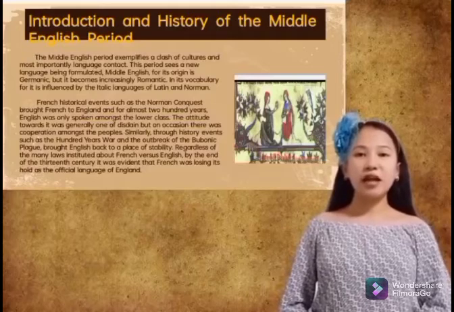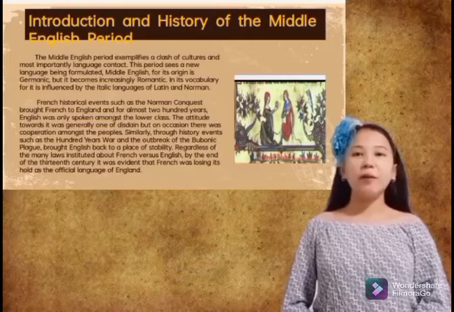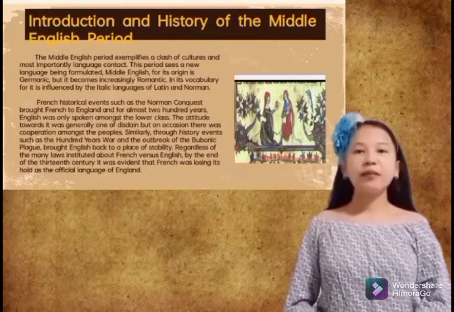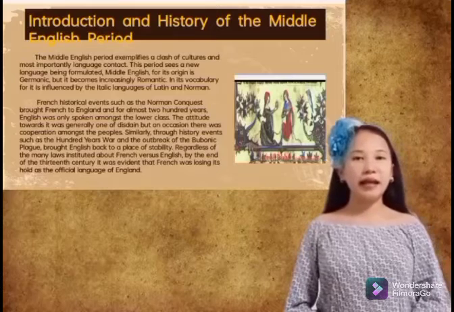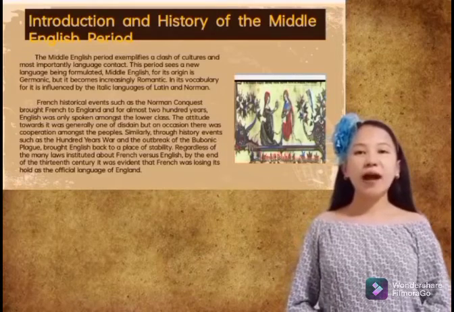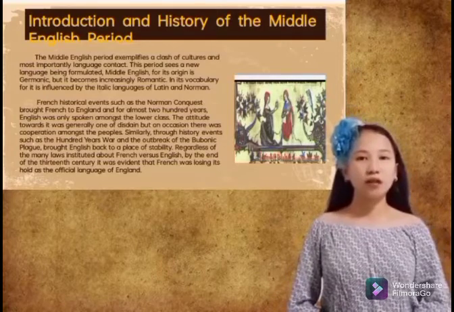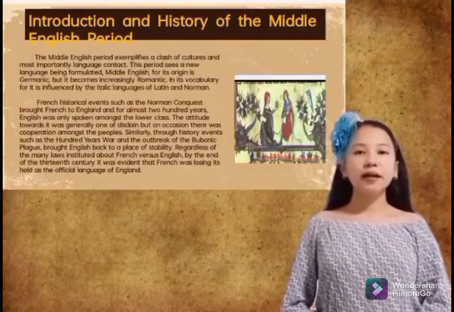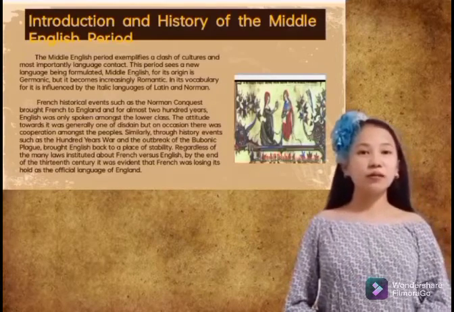In the 15th century, the decline in the use of French in England became more pronounced. Not only was it no longer a native language in England, but now there were actually members of the nobility who could not speak French at all. Middle English was a changed language from its predecessor, Old English.